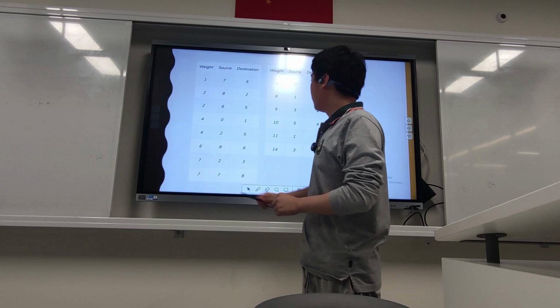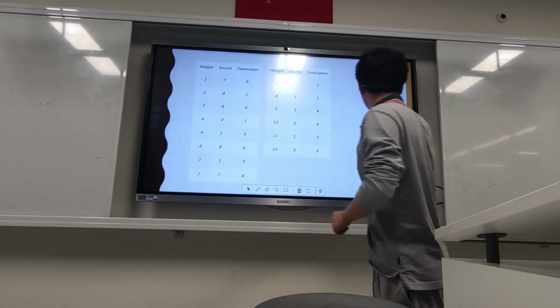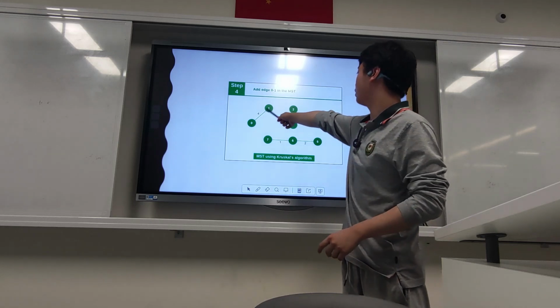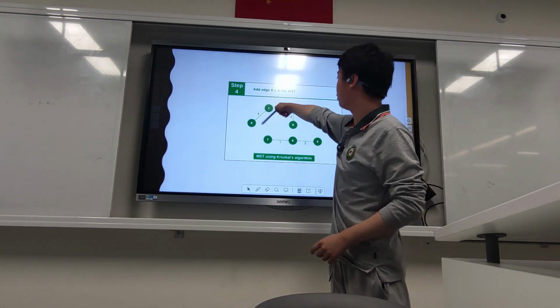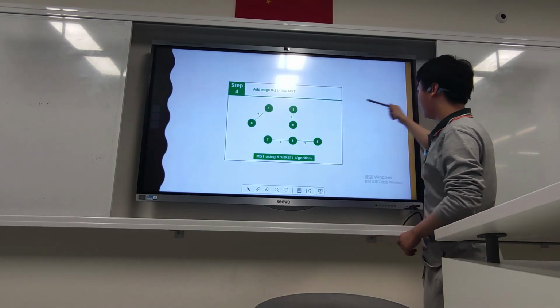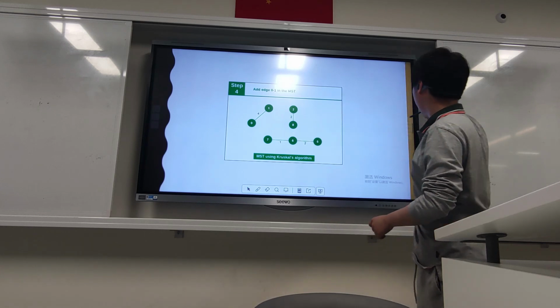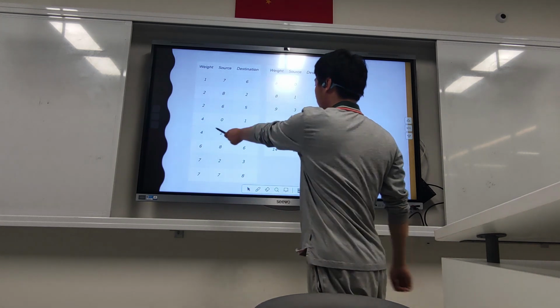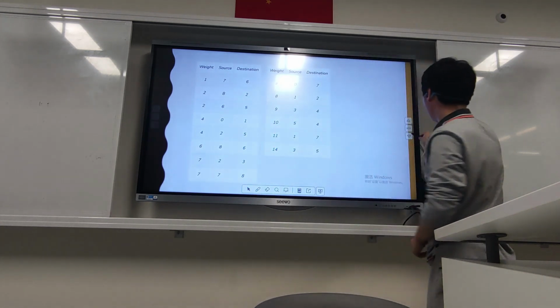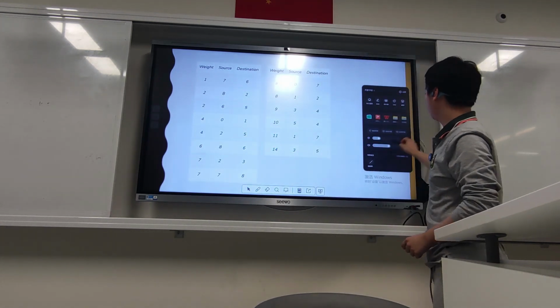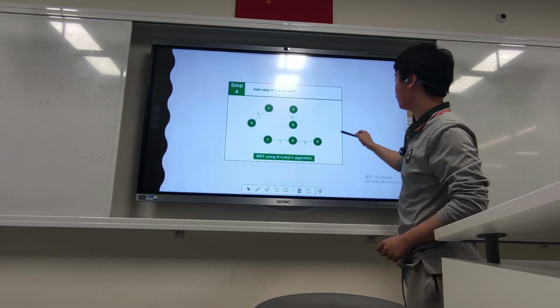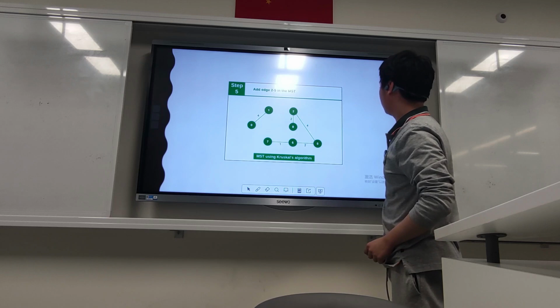Then 0 and 1. These two are also not connected here, so we just put it here. They'll be connected to these parts later. Then 2 and 5 are connected with weight 4.